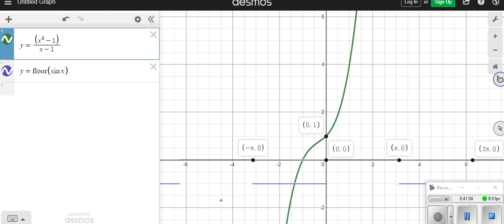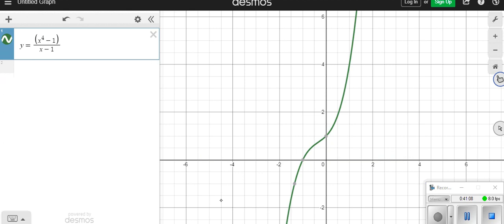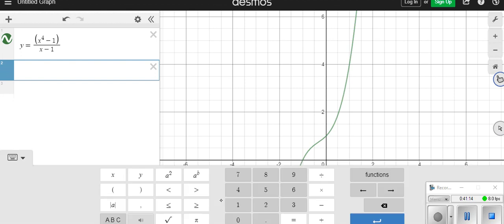However, let me get rid of this one. If I do another graph, I can do what I just did for my g of x.